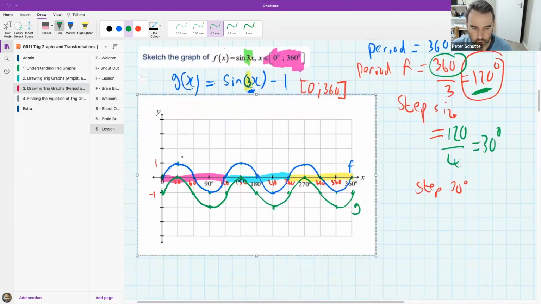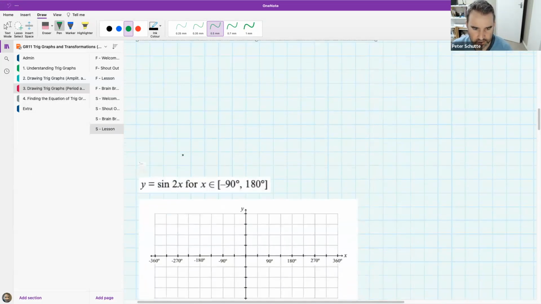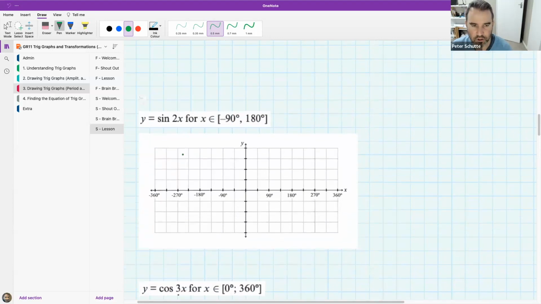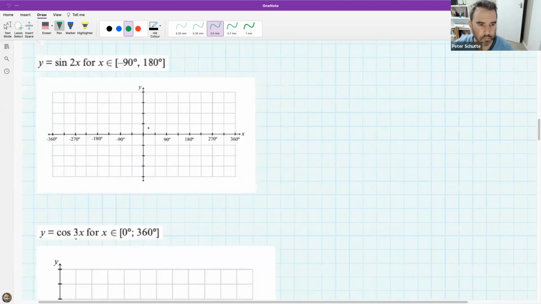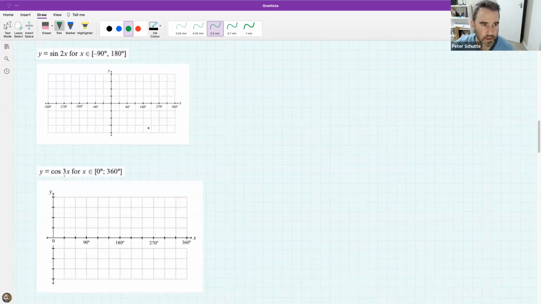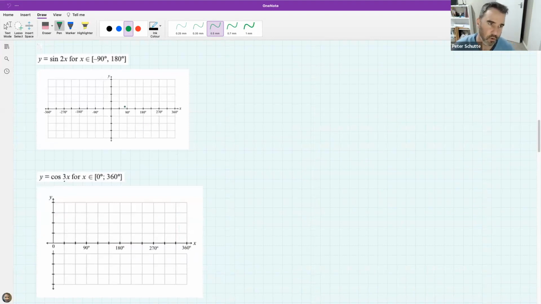And let's go on to drawing this graph. So I want you to draw, in fact, let's do these 2. So here are the 2 graphs that I want you to draw. I want you to draw the graph of y equals sine 2x, on the domain from minus 90 to 180.